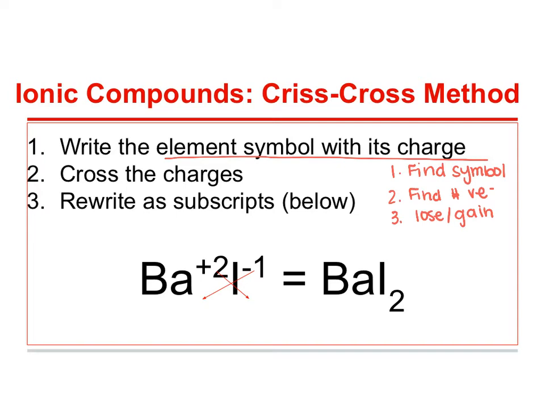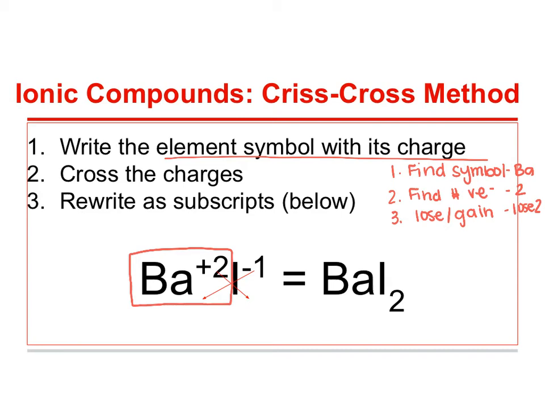I'm going to find my symbol on my periodic table, it is Ba. It has 2 valence electrons, and I know it's going to lose those 2. When you lose 2 electrons, you become a positive 2. So that is where this piece right here comes from. So my barium is a 2+, or +2.